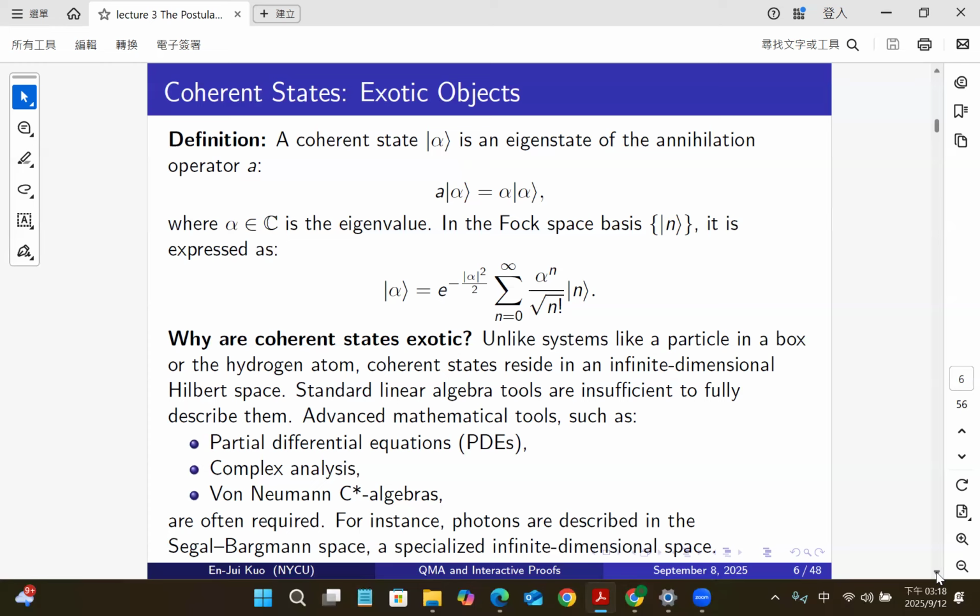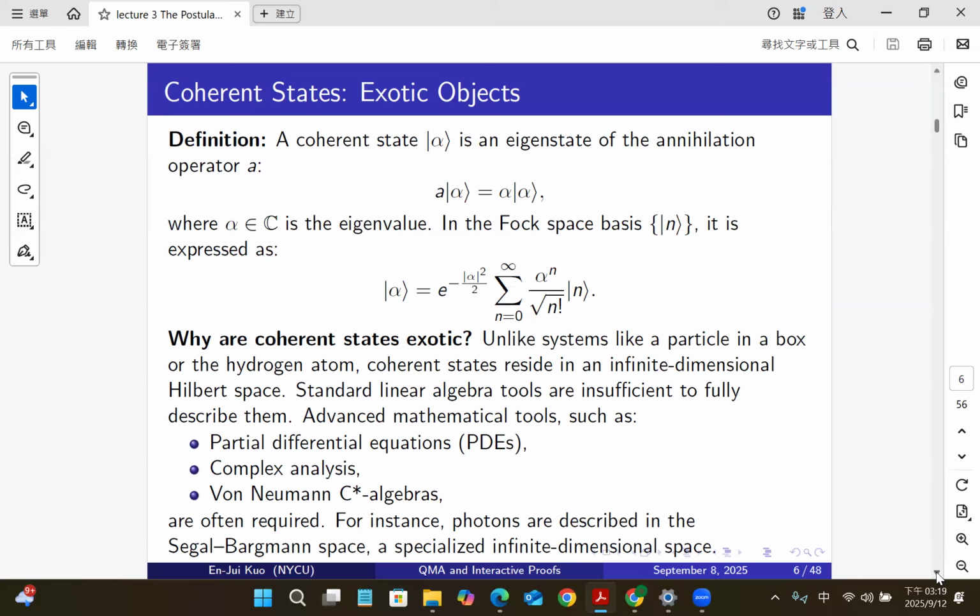Because you can compute the norm: I give you an alpha, and you just take the number and do the absolute value squared. So you get a_n squared to be this, absolute alpha to the 2n divided by n factorial.